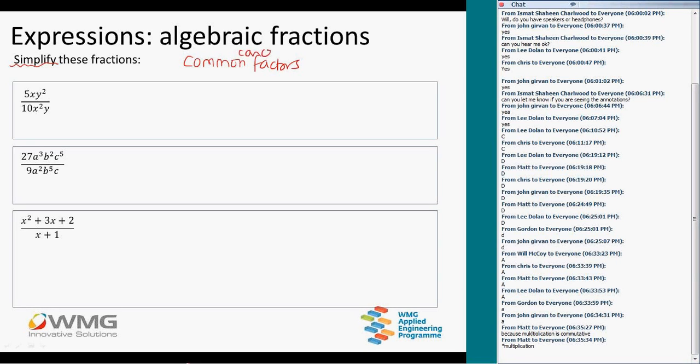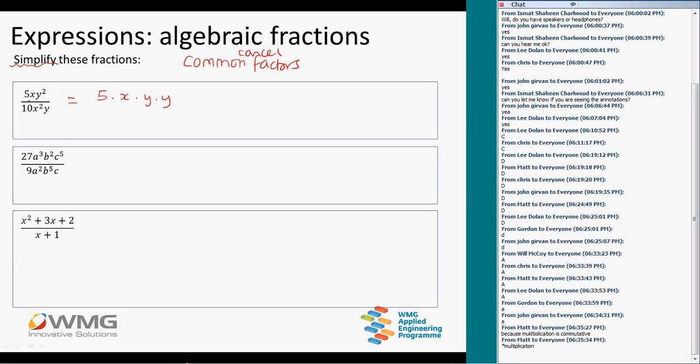So I need to think of this denominator in expanded form as its factors. This would be 5 times x times y times y. Those are the factors making up this expression. And I can see that in the numerator, I've got 5 times x times y.